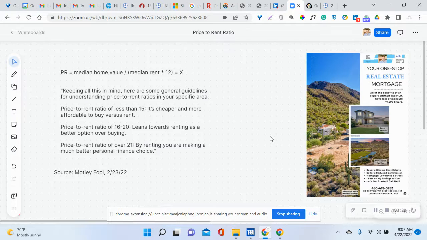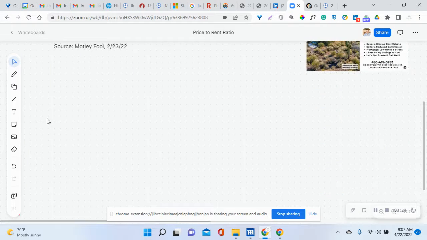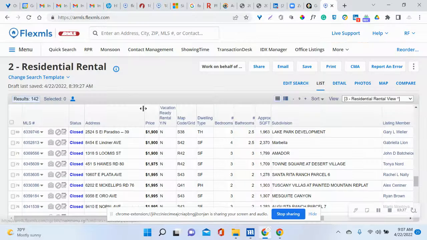So let me just do a quick example of this. I'm sorry my electronic pen isn't working today, but we're going to take a look at a subdivision called Verrado. It's a big subdivision in the West Valley.